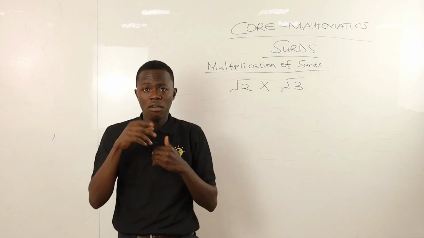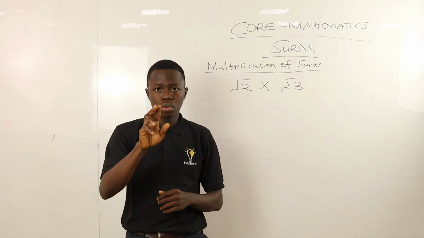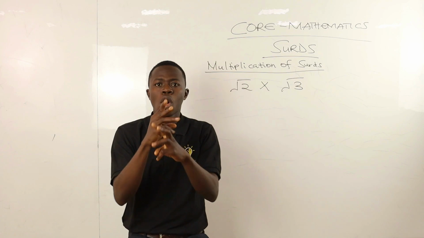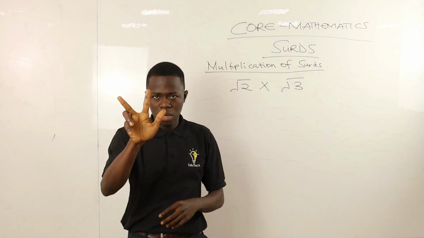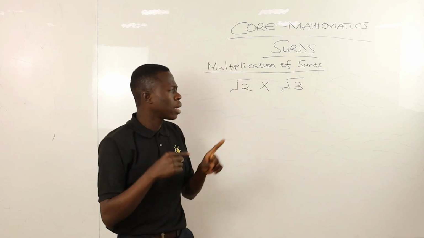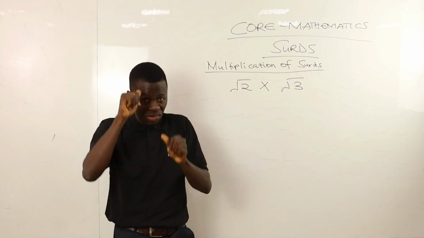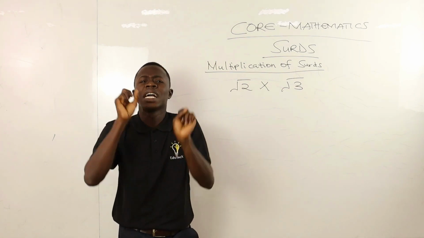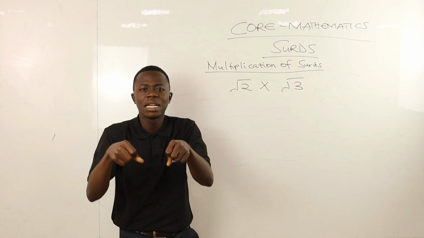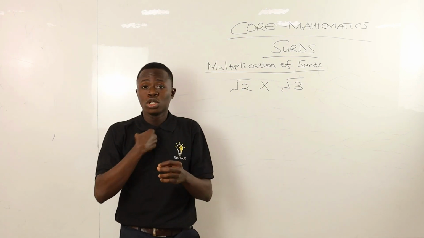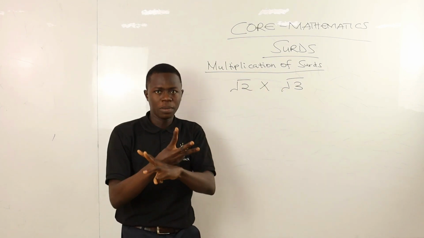For example, we have square root of 2 multiplied by square root of 3. You realize that obviously the numbers 2 and 3 are not the same, but in multiplication of sets, you can multiply them. So what would our answer be?